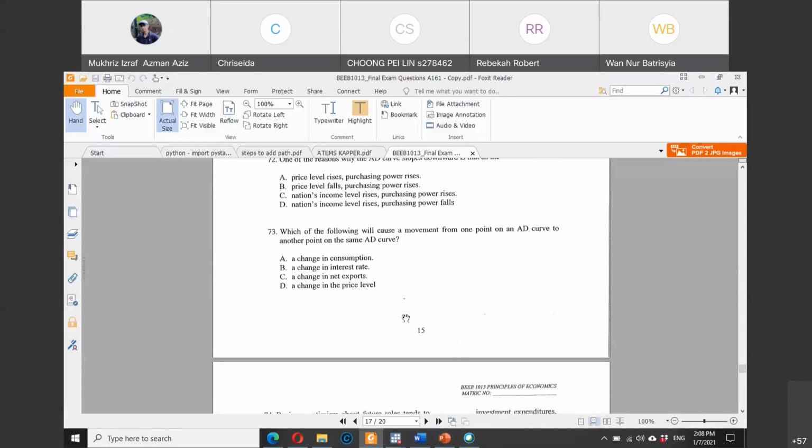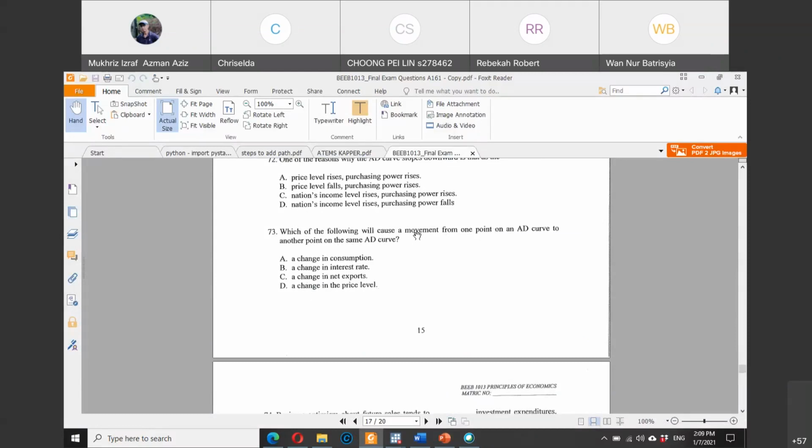Okay, 73. I think this is one of the easiest ones. You should get this question correct. I mentioned this concept many times this week: movement along the curve is always about changes in the price level.